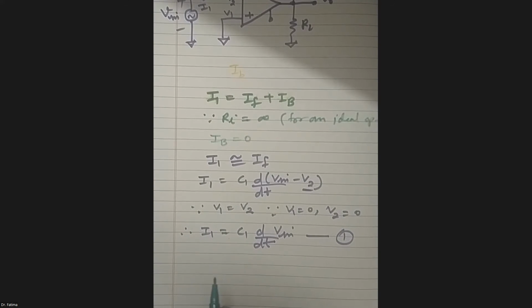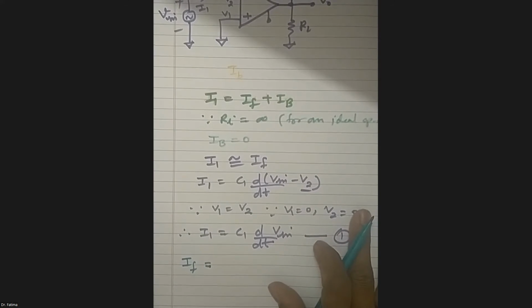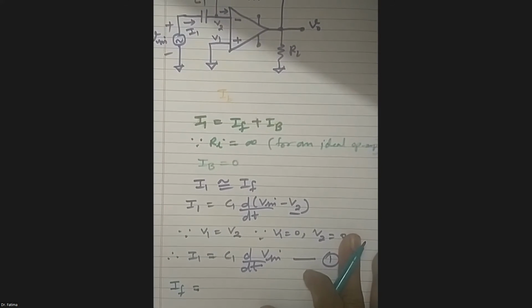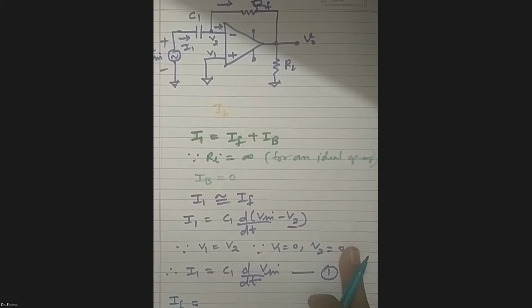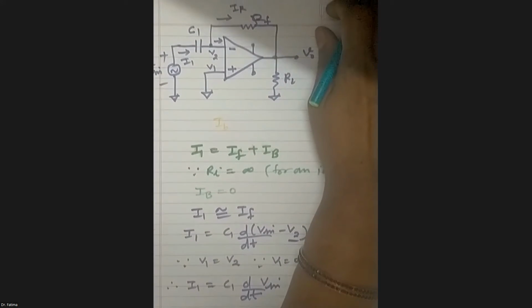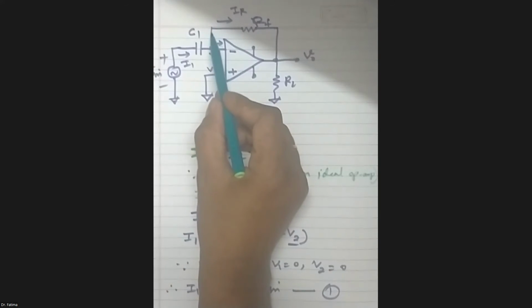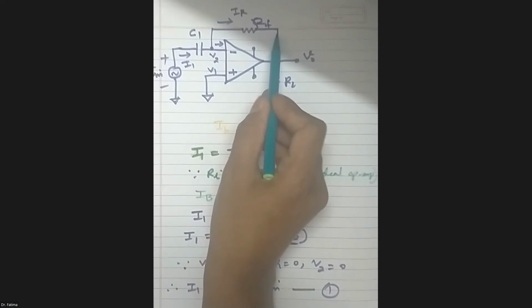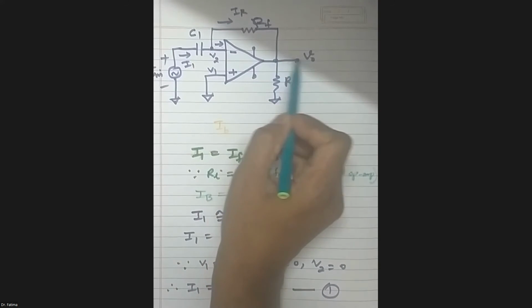Now do the calculation for IF. IF is the current flowing through the resistance RF. On one terminal of RF, V2 is present and on the other terminal of RF, V0 is present.